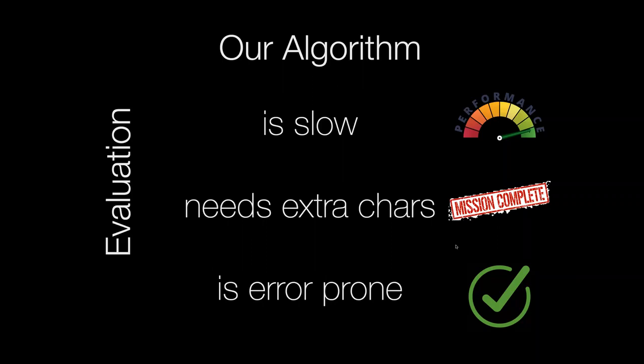So now we added another layer, okay? We have the problem, we have the solution, we have the algorithm, and now we have evaluation, okay? To understand if our solution is correct and the algorithm implementing it, realizing it, is fast, correct, and complete.